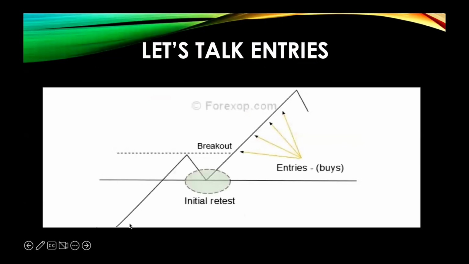Entries are super important. You have to know how to enter the market. As we were just discussing, we have our breakout, we have our retest, and then we enter. You see the yellow arrows indicating entry. Those indicate multiple entries. On your chart, you can use a trend line.